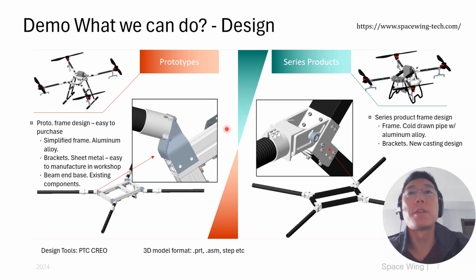Here is the comparison between the prototypes and the series production. For prototypes, these brackets use very simple sheet metal brackets. They are very easy to bend, only need welding, and are very cheap.